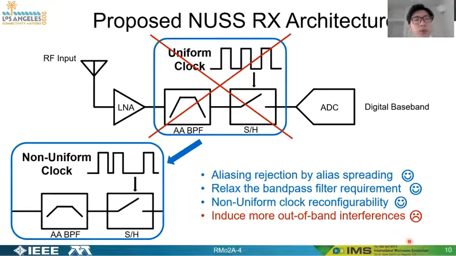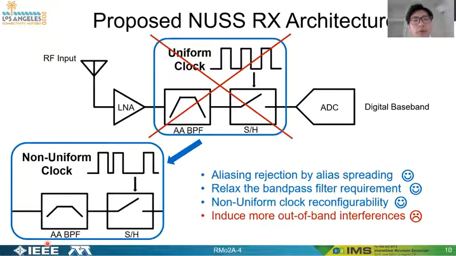In our proposed non-uniform subsampling receiver architecture, a non-uniform clock replaces the uniform clock to finish the subsampling process. In this way, we take the advantages of the subsampling receiver architecture and relax the analog bandpass filter requirement.